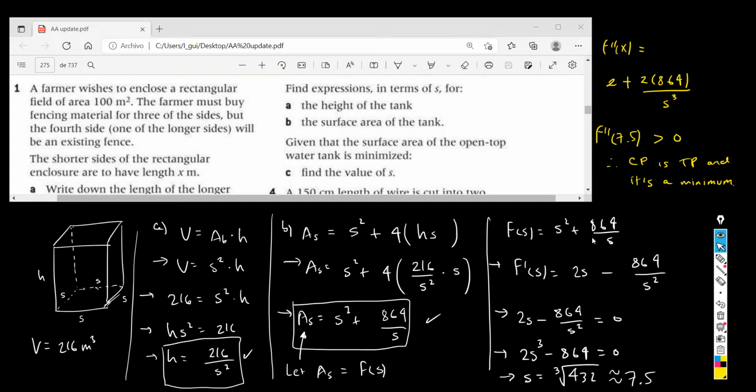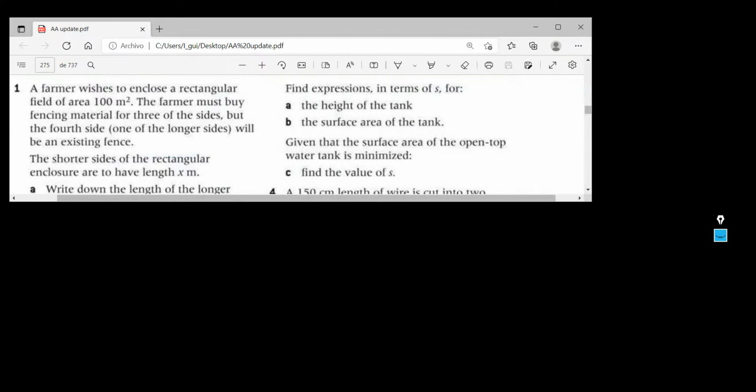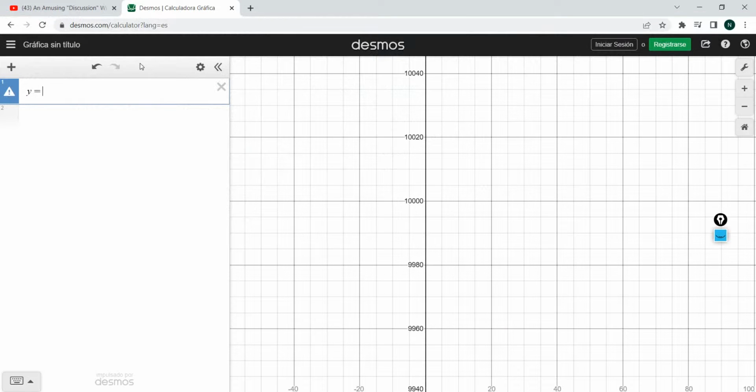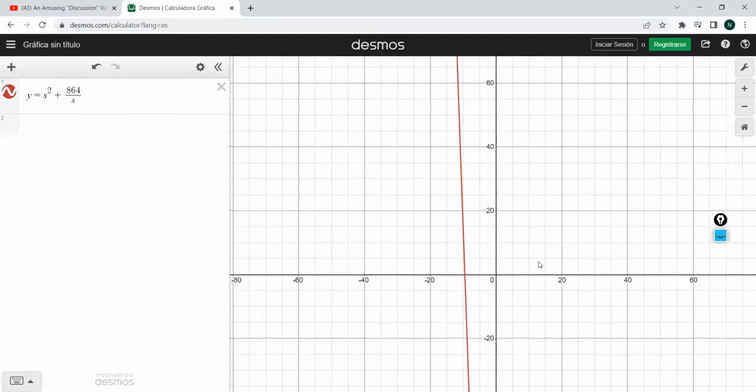S squared plus 864 over S. Let's see how it behaves.